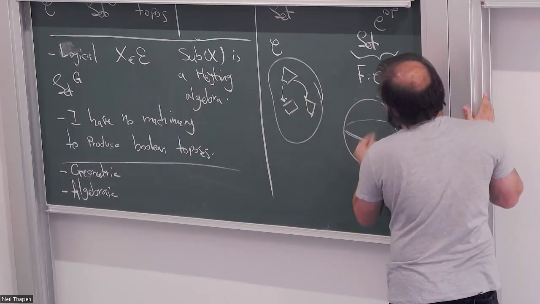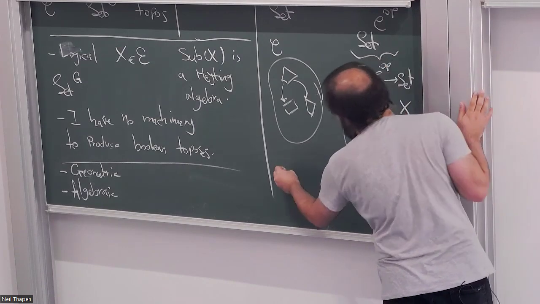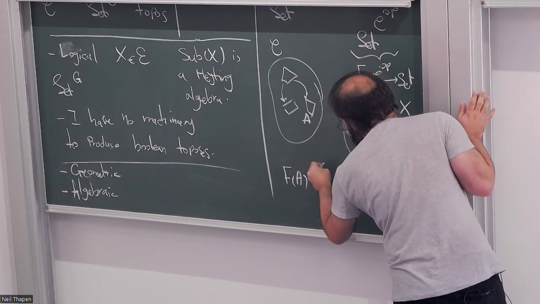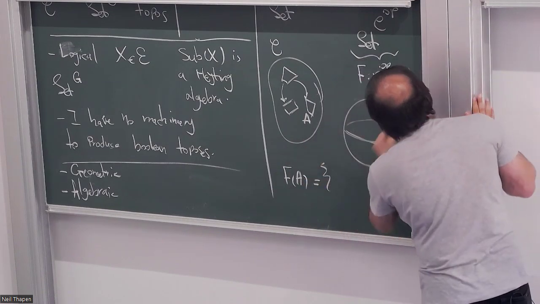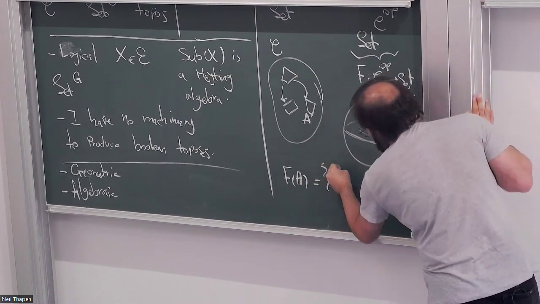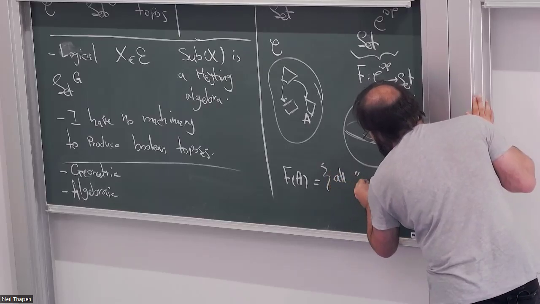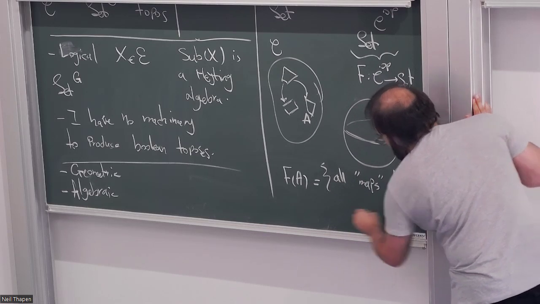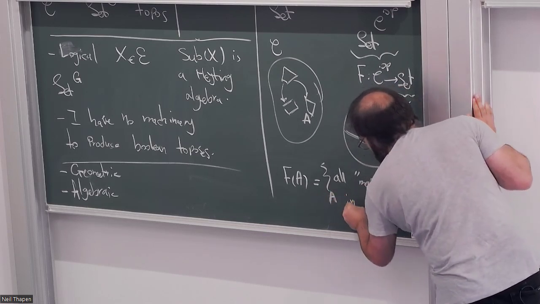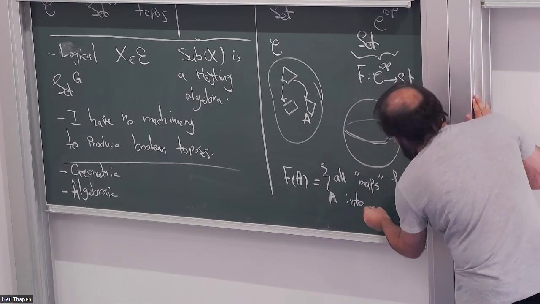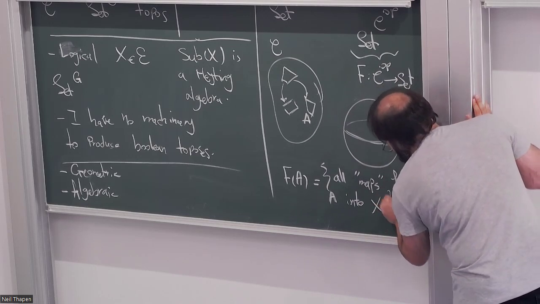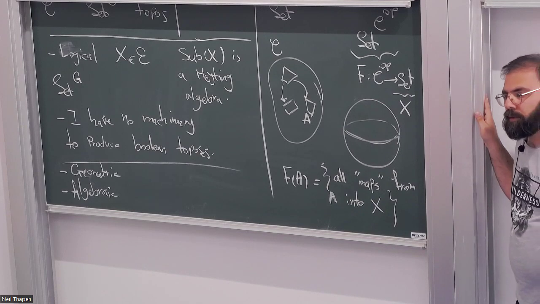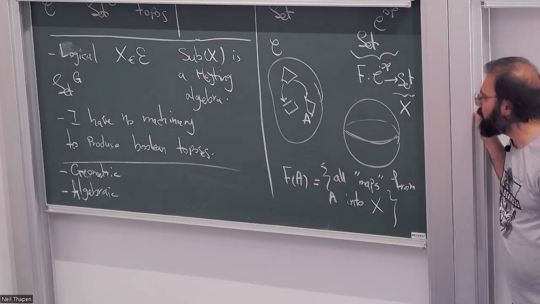And then F encodes, so what is F of A for any object A here? It is just the set of all maps from the simple object A into the complex object X, right? So that was our interpretation.